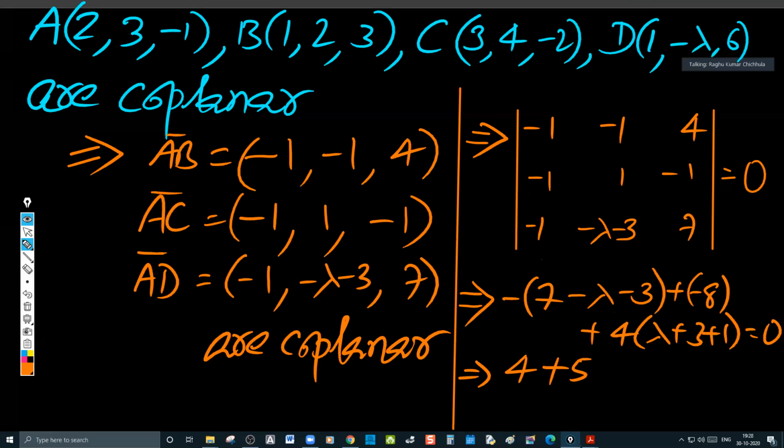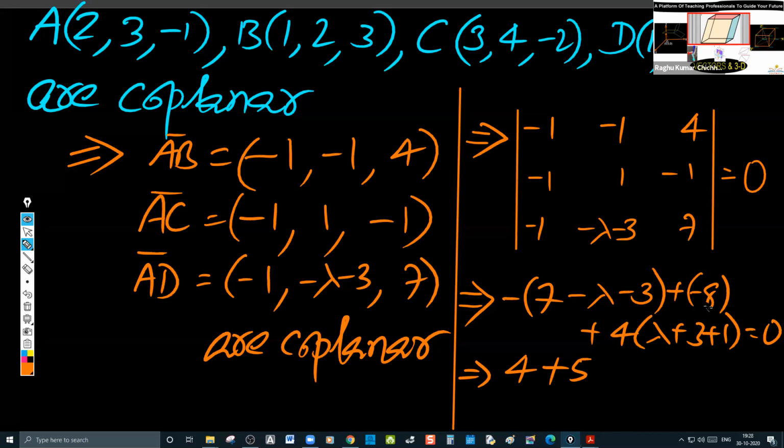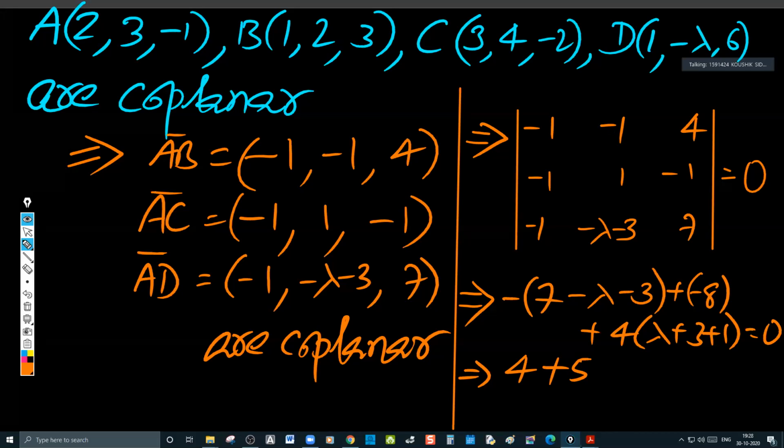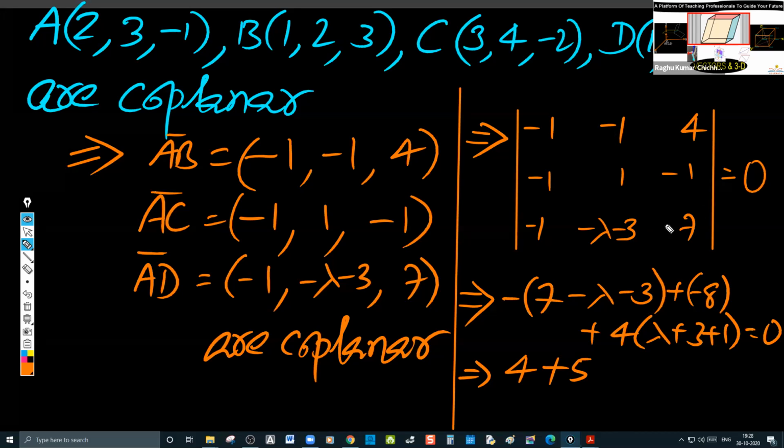Let me see the simplification. Yes, I think that's minus of -8, sir. This becomes plus 1, no? Yes, correct. That's -8. So -7, -8, -15, -15 plus 16, so 1.